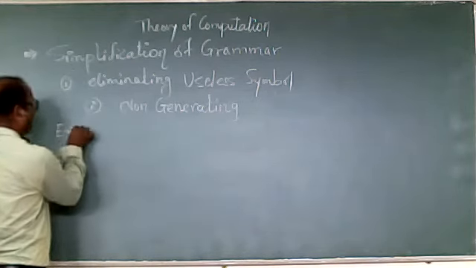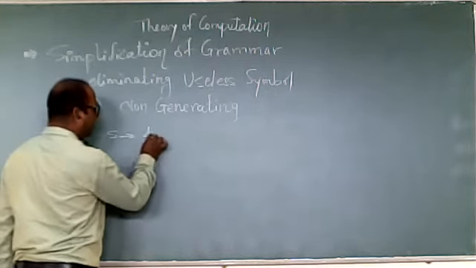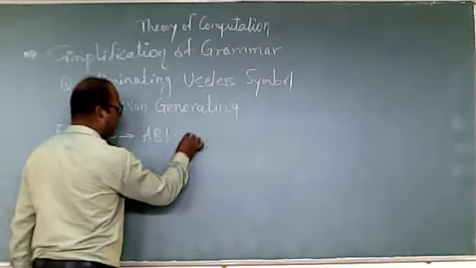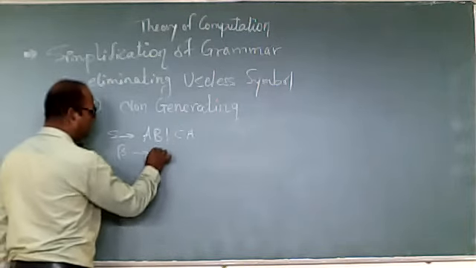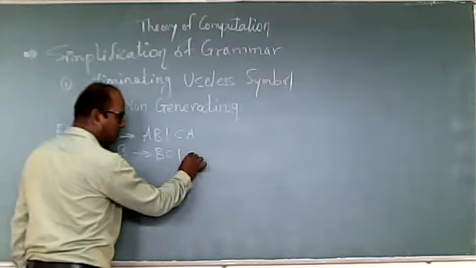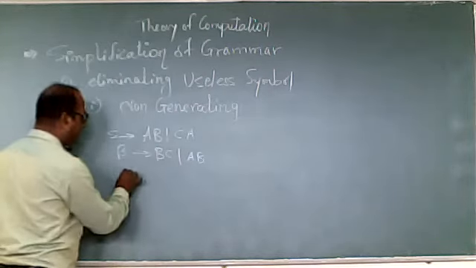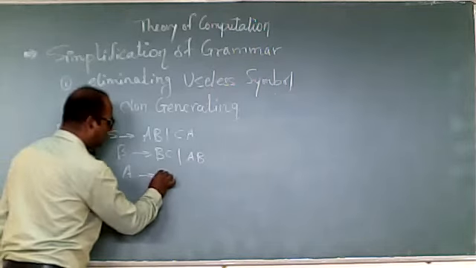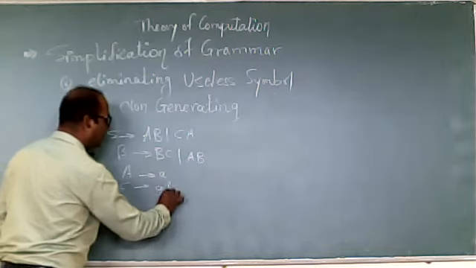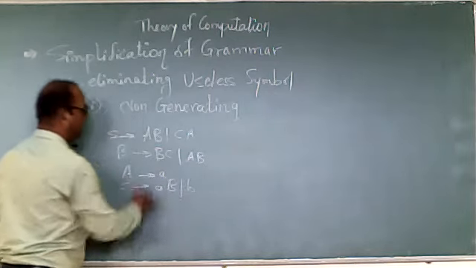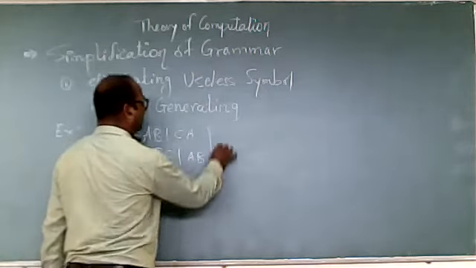We'll take one example. S produces AB or CA, B produces BC or AB, A produces small a, and C produces small a capital B or B. This is the given grammar.